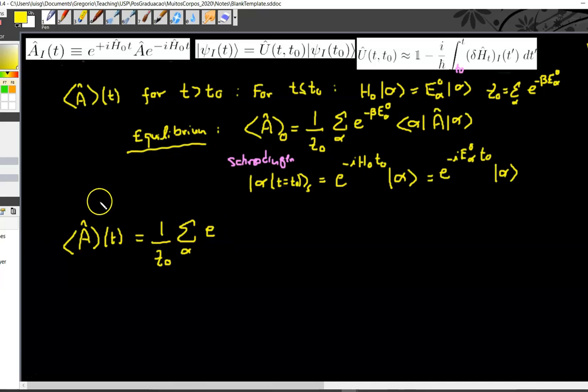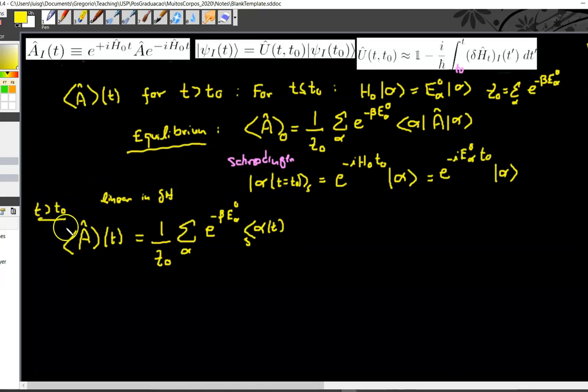So this is in linear order in the perturbation delta H, with weights e^{-βE_α^0}. But now my states might evolve. So even in the Schrödinger picture this would be alpha of t, where this evolves not with H naught, but with H naught plus the perturbation, right?